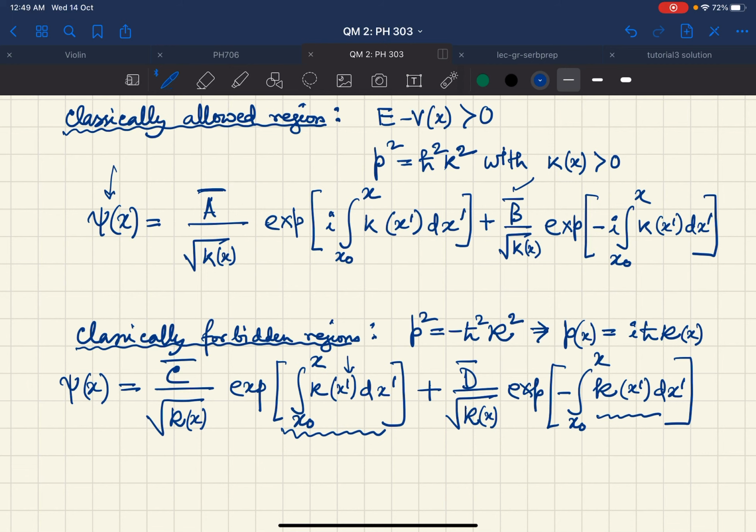Therefore, this second term is a decreasing function as x grows. Now in PH 204, you had always encountered constant potentials to start with, and therefore your kappa was constant, and you obtained e to the power kappa x and e to the power minus kappa x only as the solutions. But here you can see that there can indeed be these integrals there.